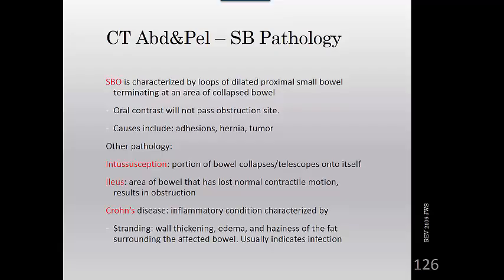So other pathology of the small bowel includes intussusception, which is a portion of the bowel that collapses or telescopes onto itself. An ileus is an area of bowel that has lost normal contractile motion and results in obstruction. This happens a lot in older people and people that are on a lot of pain medicine.